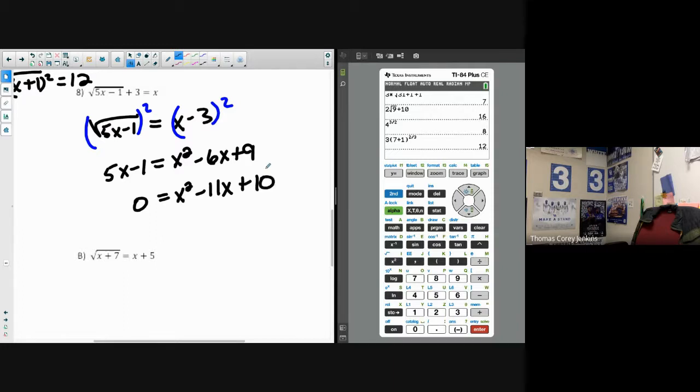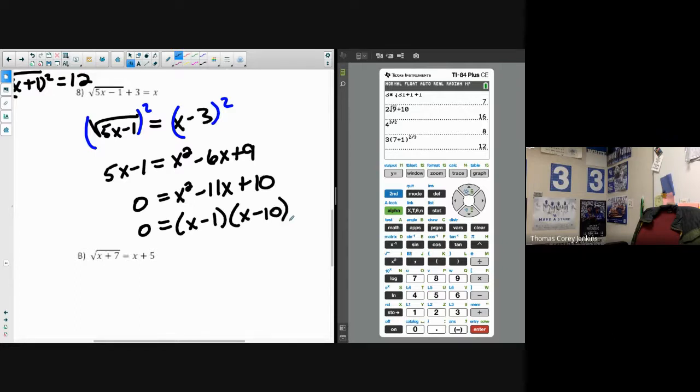If you're not good at factoring, then you probably go into complete the square or the quadratic formula. Factoring is going to be your best bet, though. So you're thinking what's going to multiply to be 10, add to negative 11. That'd be negative 10, negative 1. So that helps you factor this to x minus 1 times x minus 10.